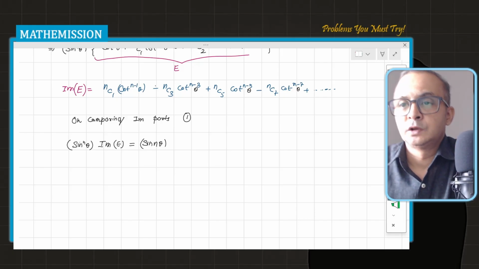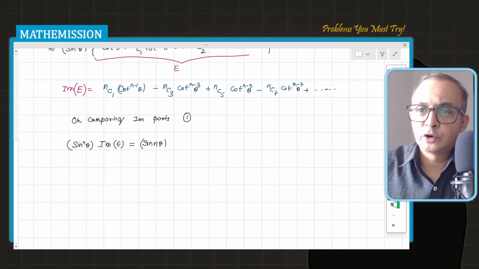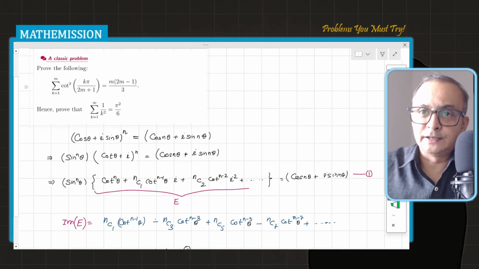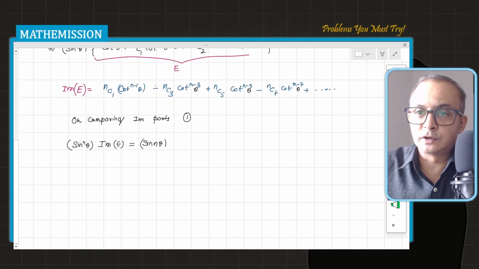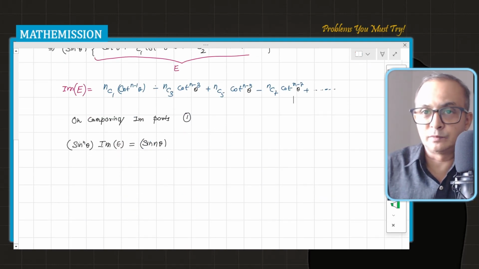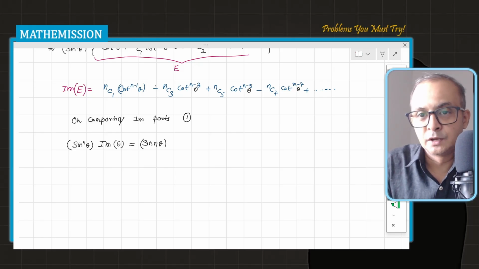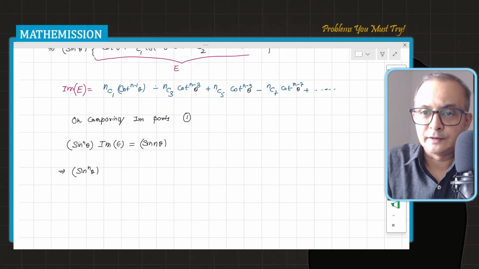Okay, so you notice what is happening. I have to have cot square theta here, but I only got cot theta in every term in the expansion of the imaginary part of E. Let me write this first. So sine to the power n theta here, and we will write slowly.